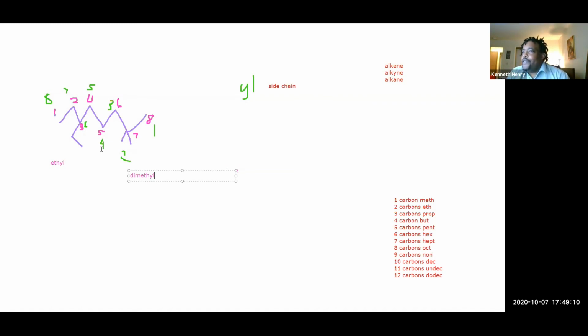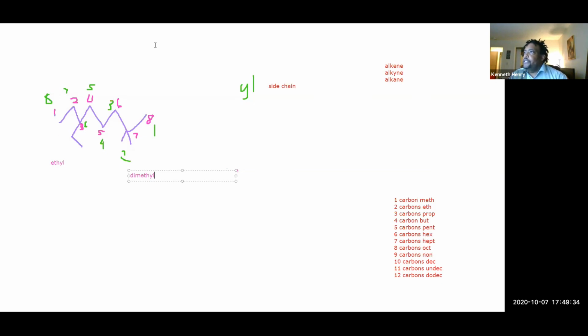So here you have 2 carbons, and this guy has 1 carbon. This guy, the ethyl, has higher priority, so you want to name it with the lowest number that it can get, and then the methyl.